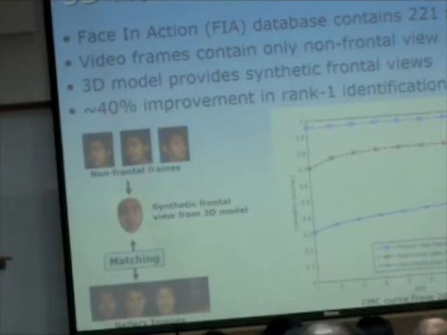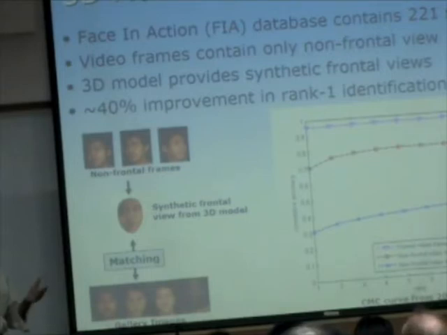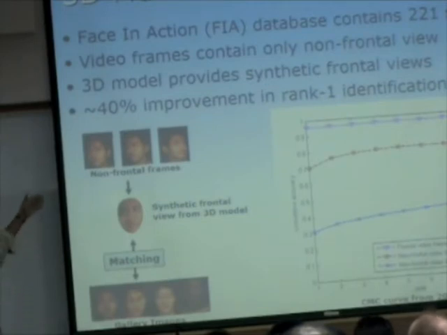When you use the AAM and the morphological model, then you shoot up to the red curve where you have 70% rank 1 accuracy. And if we actually had as the probe the frontal viewpoint, then matching a frontal viewpoint to the frontal gallery, accuracy would be much higher.